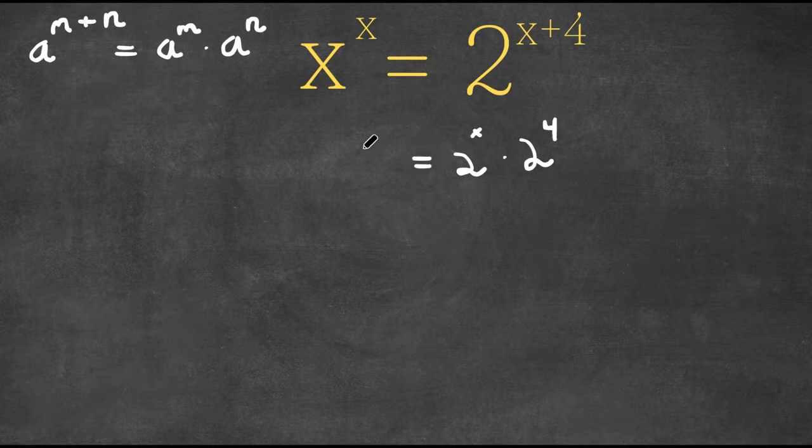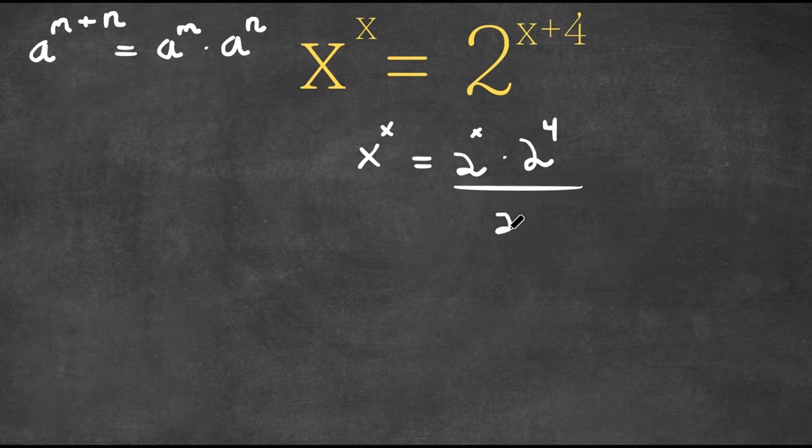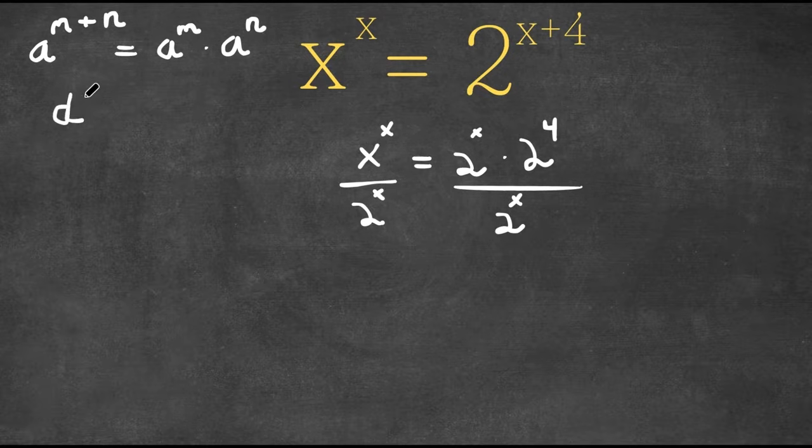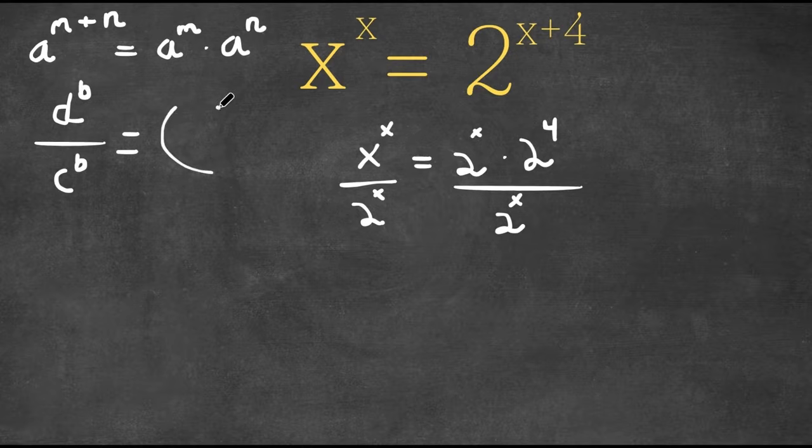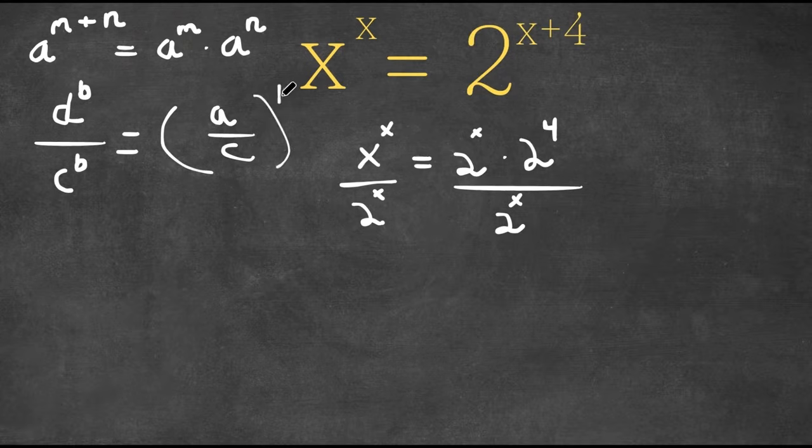And this is equal to x to the power of x. Now I'm going to divide both sides by 2 to the power of x. And now if we have something in the form a to the power of b over c to the power of b, this can actually be written as parentheses a over c to the power of b.